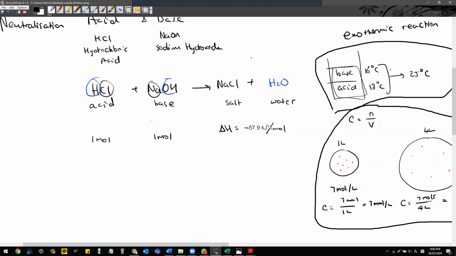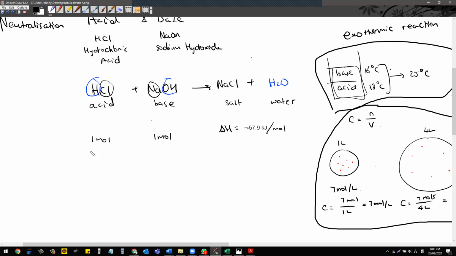So it's not going to change. If this is 1 mole, the energy generated will be negative 57.9 kilojoules. So it's per 1 mole of either of those, not both of them. Oh, either. Okay, cool.